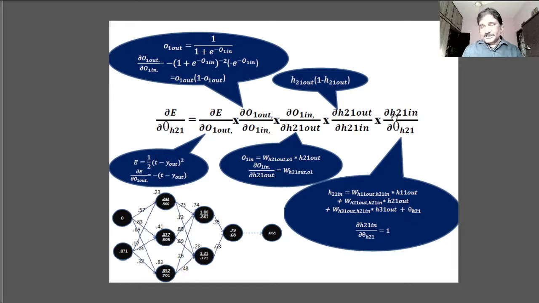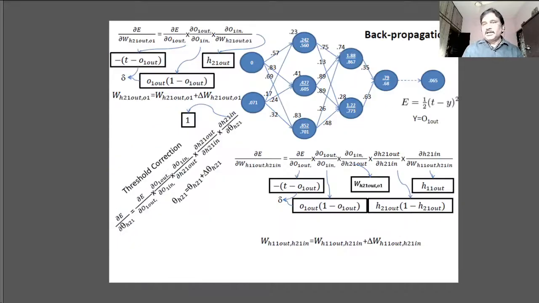And finally, this differentiation, we were going to see it as DH21 in with respect to DWH21 out O1. Just a minute, I'll be taking you back to the previous slide.